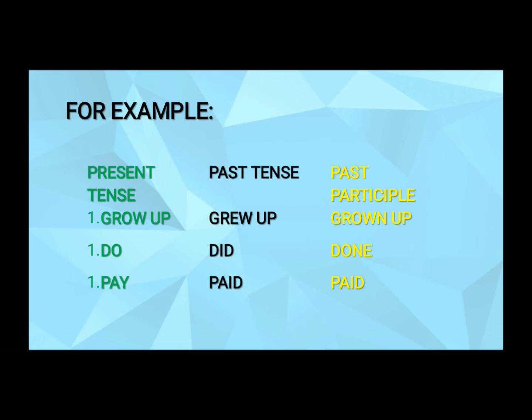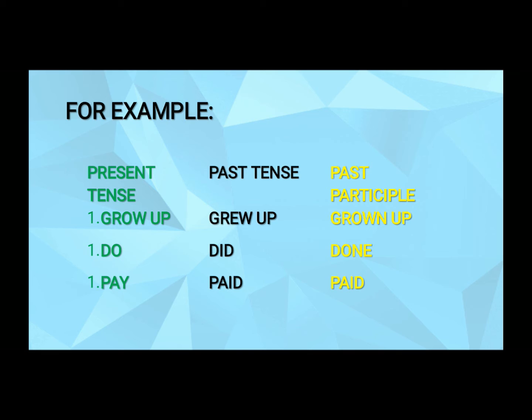Pay, paid, paid. Just pay attention: paid is not a regular verb, okay? It doesn't finish with ed in the past. By the way, take a look at the verbs catch, put, and read. Try to get the past tense and past participle of these verbs, okay?